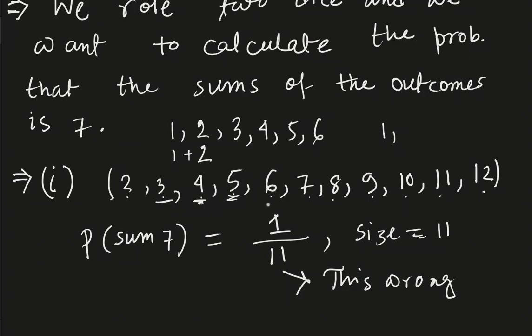Suppose this 6, how many ways can 6 come? 2 4, 4 2, 3 3, so 3 ways, but 2 can only appear as 1 1, so that means this 2 and this 6 are not equally likely. So according to the classical definition, we have to consider only those outcomes which are equally possible.